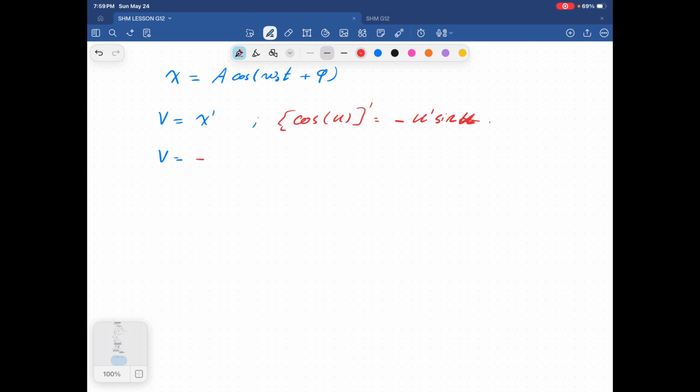And so this is equal to minus a, and the derivative of w0t plus phi is w0, because this is a constant and the derivative of time is simply 1. Sine w0t plus phi, and so v is equal to minus a w0 sine(w0t plus phi).